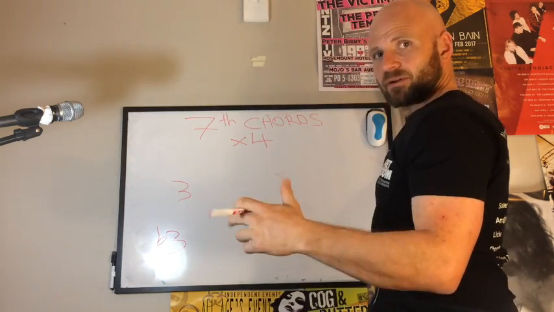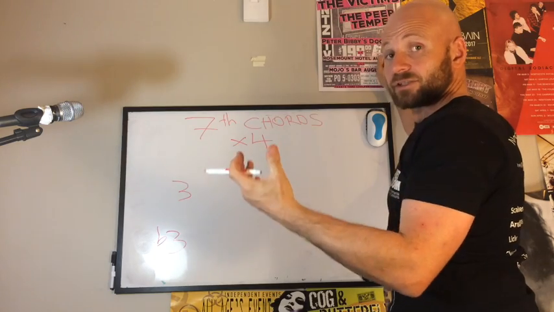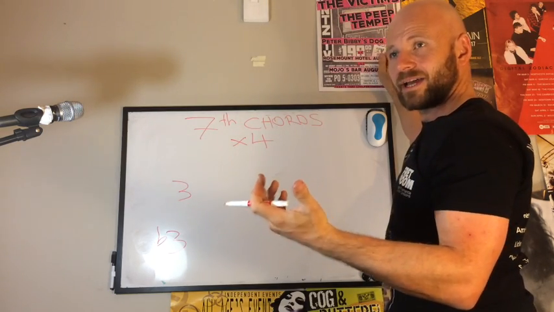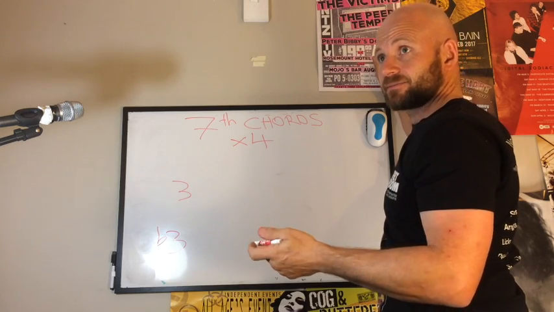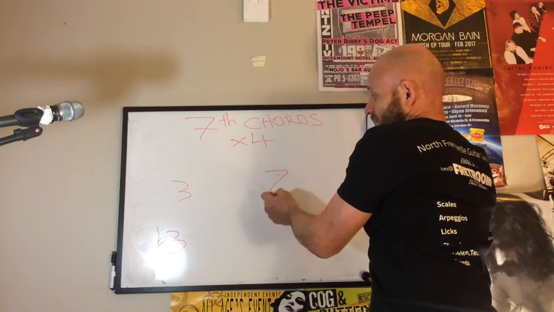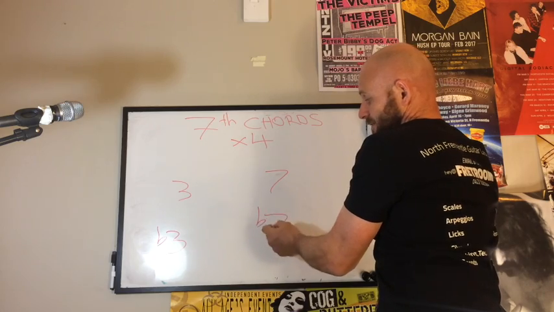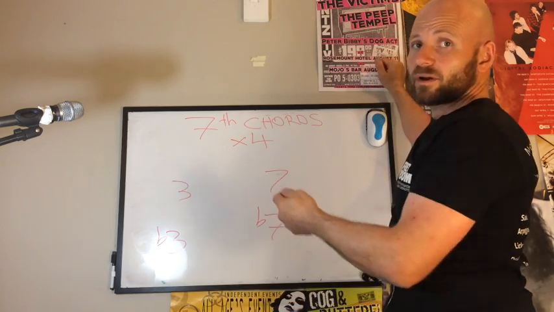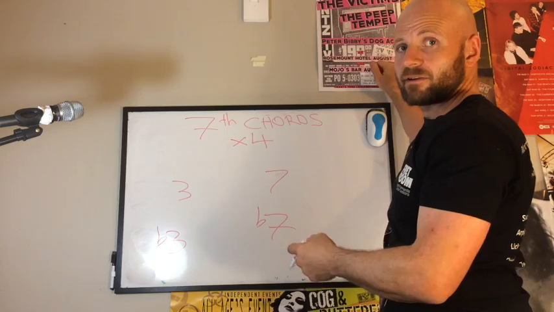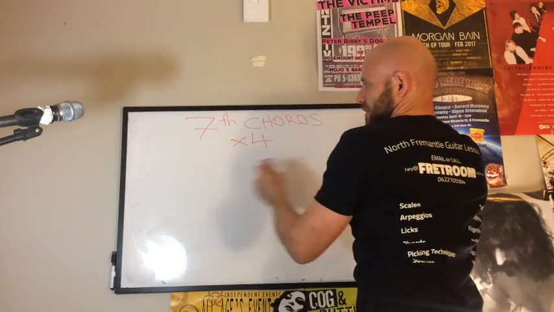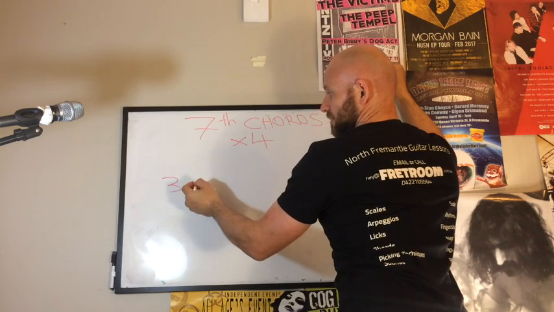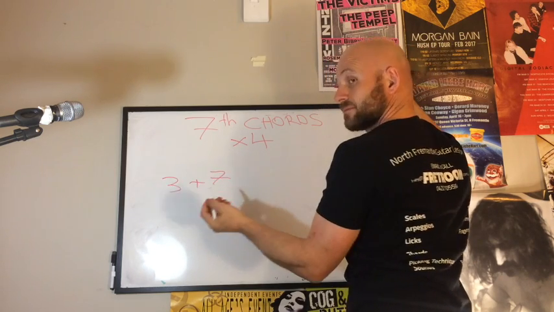A 7 has the same kind of thing going on. It could be a natural 7, sometimes called a major 7, and then we can make it a flat 7. So we have a 7 or a flat 7. So really just got to work out the possibilities with these 2 variables. So we can have a 3 with a 7.